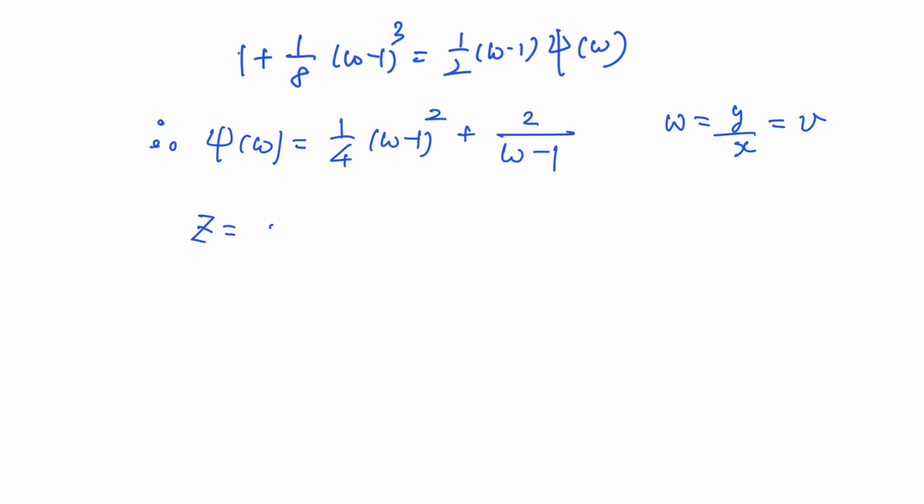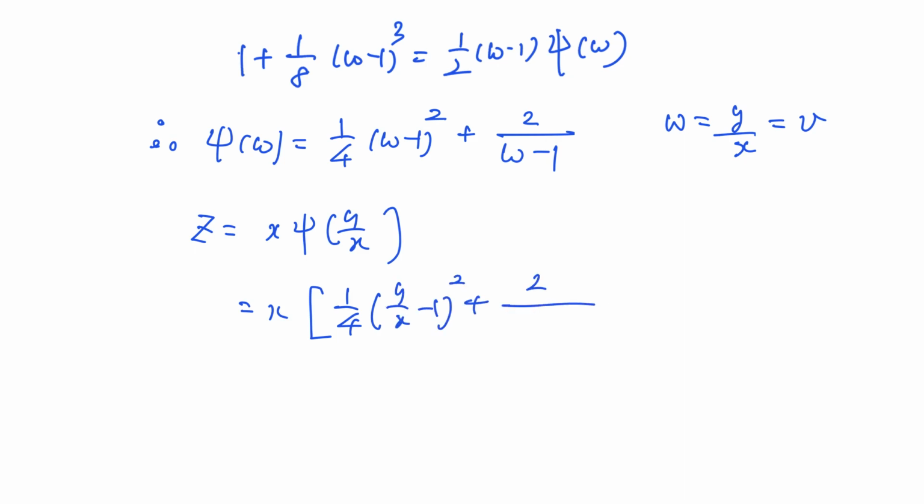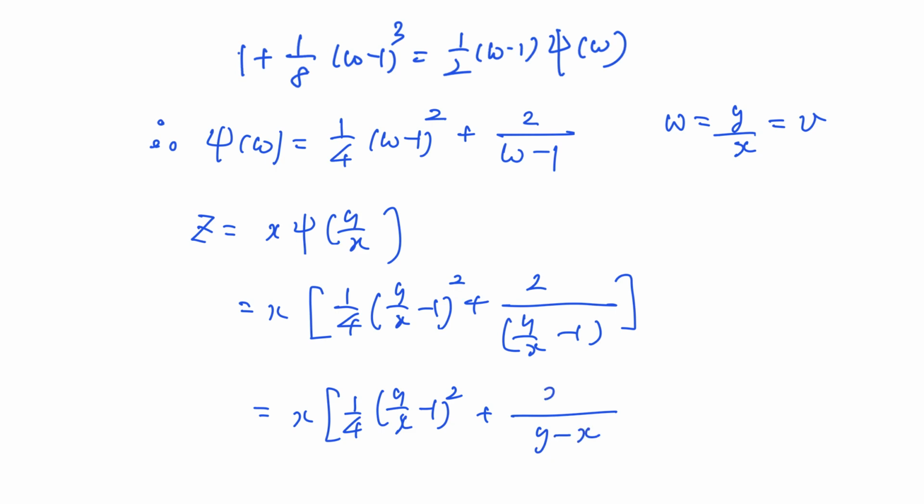Z is x times psi of y over x, right? So this is x times 1 over 4 times y over x minus 1 squared plus 2 over y over x minus 1, which is x times one half y over x minus 1 squared plus y minus x over 2x.